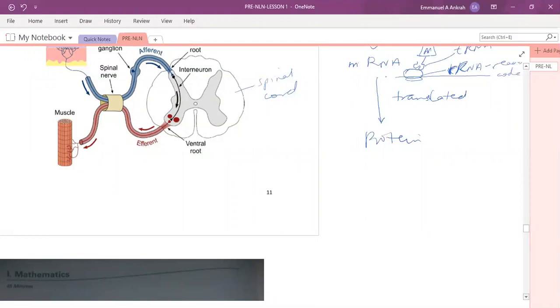Okay. Now 45. When looking through a microscope, a student observes centrosomes in a group of cells.